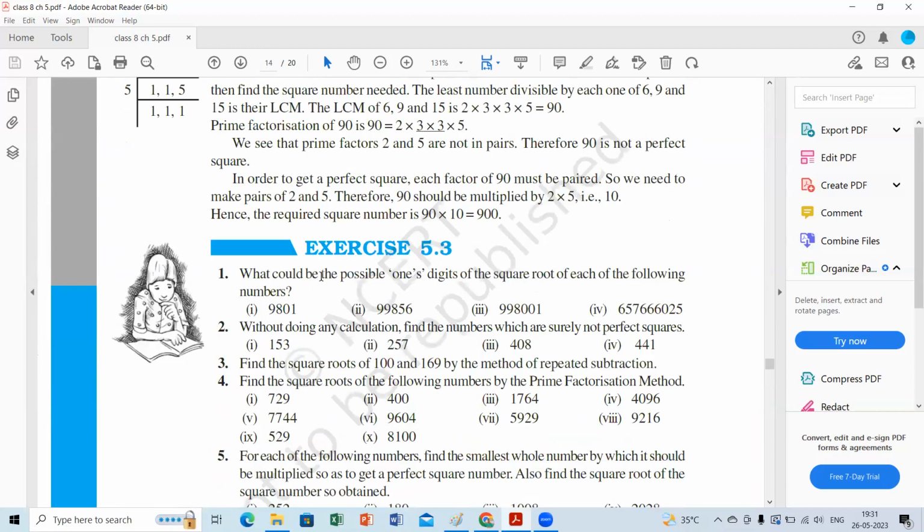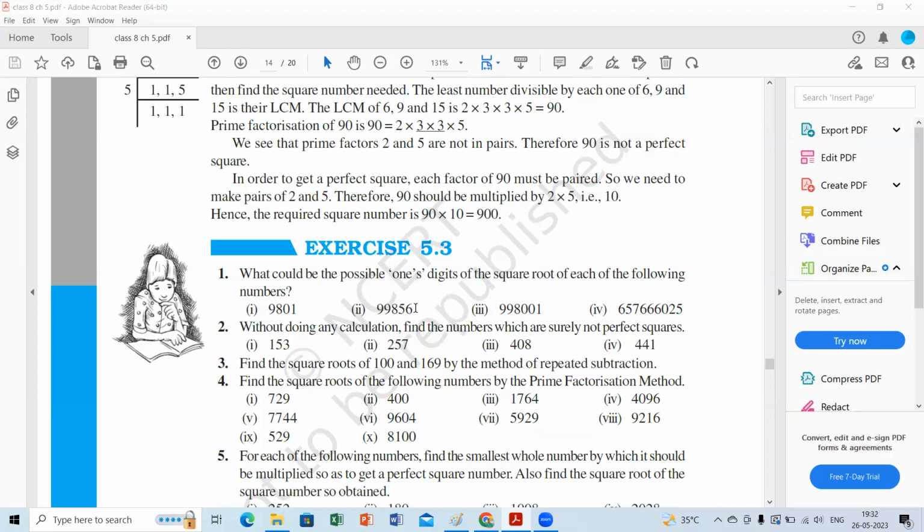What could be the possible ones digit of the square root of each of the following? If it is 1, you know very well. For 81, the possible square root's units place is 9. Very good, Shrestha.